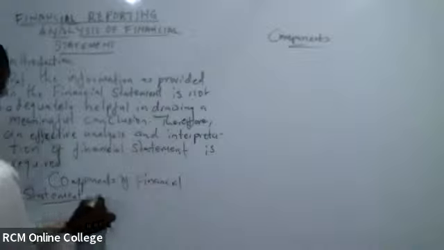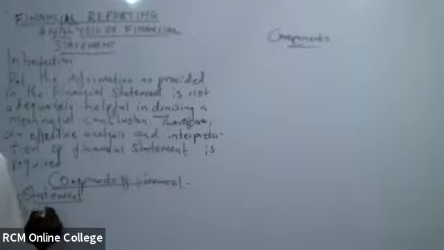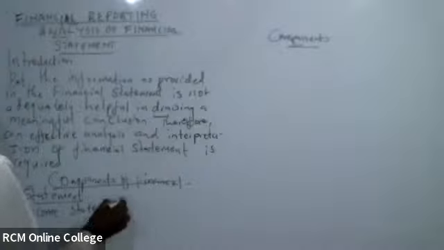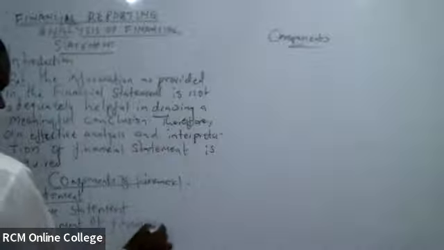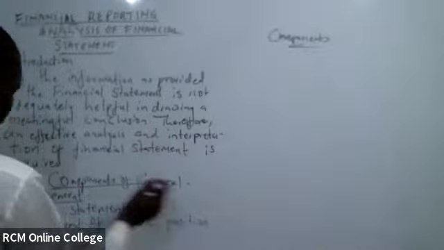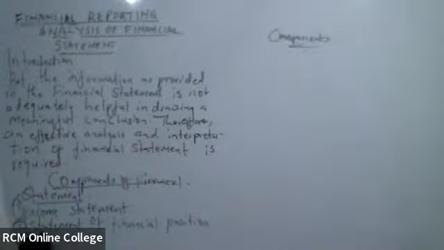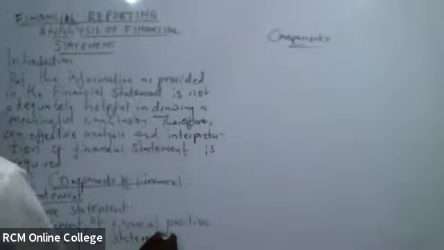So what do we have? Income statement, statement of financial position. We shall focus on the 2, but we usually have the cash flow statement.